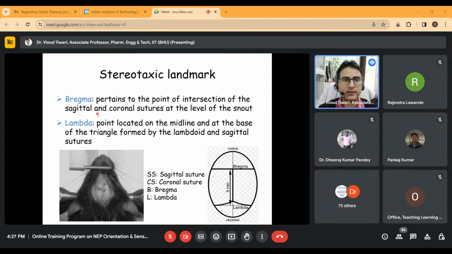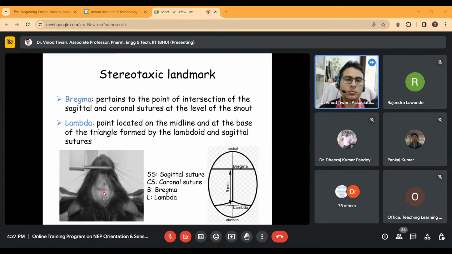This is the intersection of the sagittal suture, or SS, which is running from top to bottom, and the coronal suture, CS, which is running from left to right. The point where they meet is known as bregma.